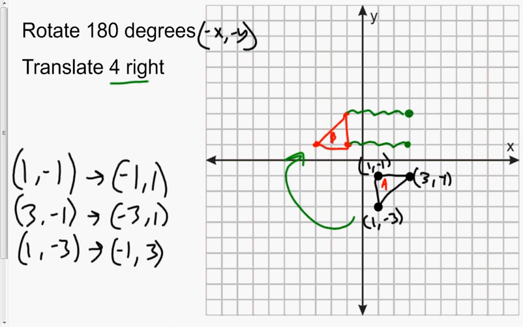And I'm going to actually erase those. And my third point is 1, 2, 3, 4 to the right. So my last shape ends up in the top right quadrant after doing a rotation and a translation.